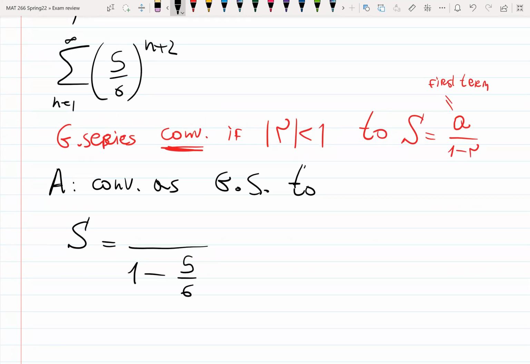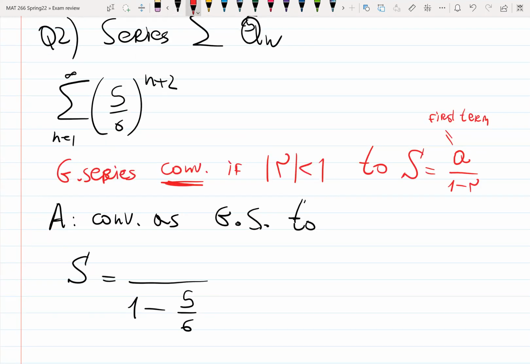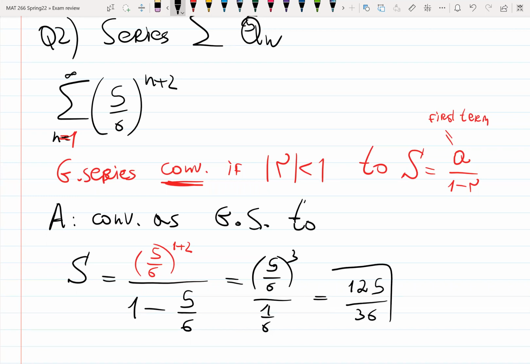But what is the first term? Plug in n equals 1, since we start counting with 1. n equals 1 gives you 5 over 6 raised to the 1 plus 2, which is 5 over 6 cubed, over 6 over 6 minus 5 over 6. That is 125 over 36. Done. Nice.